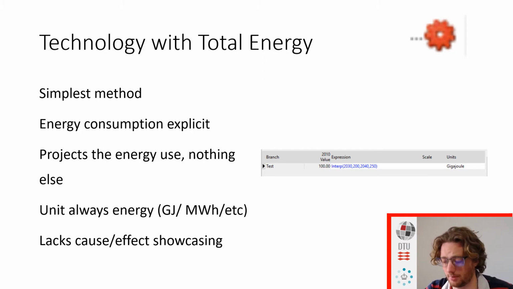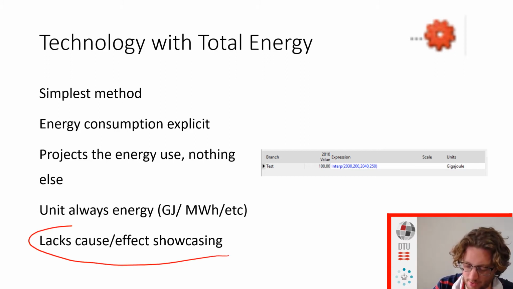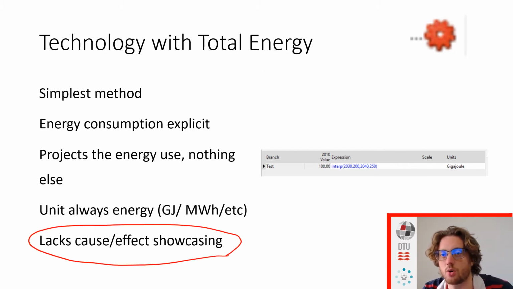The problem, which is a big one for total energy, is that it doesn't show explicit causal relationships. So why does the construction sector increase by this much over the lifetime of our predictions?